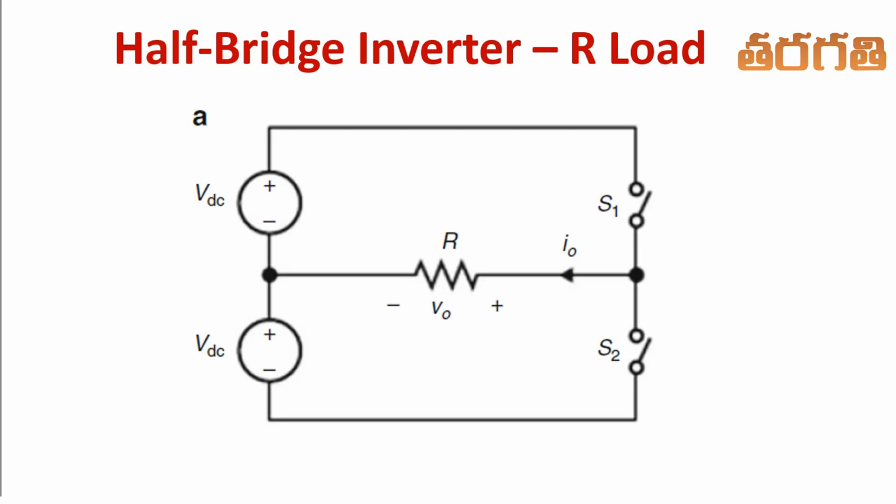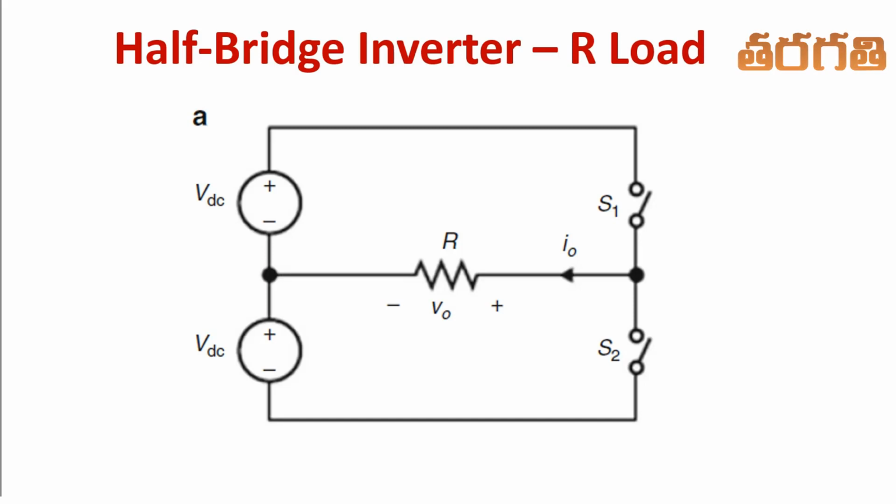In the next half cycle, T/2 < t < T, S1 is off and S2 is on. What happens when S2 is on? The negative terminal of the second source is connected to the positive terminal of the load. As a result, a negative voltage is impressed across the load, so V0 is equal to minus VDC.